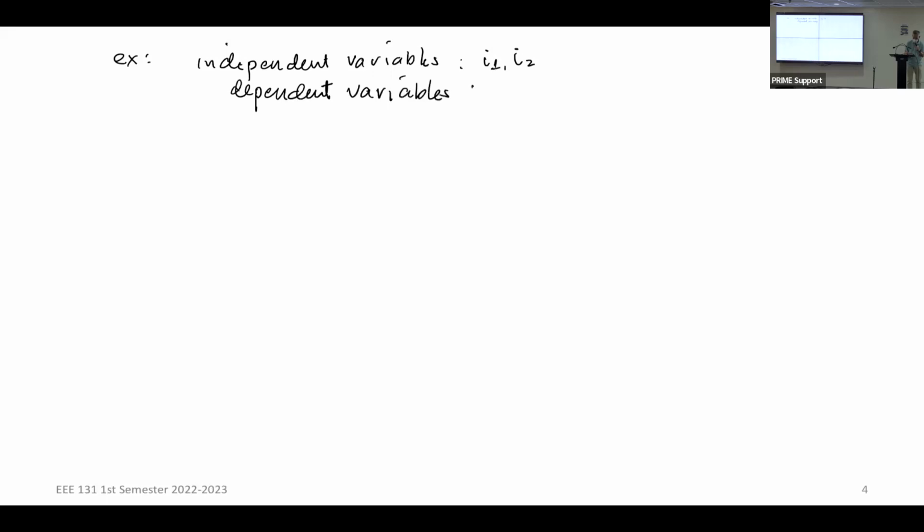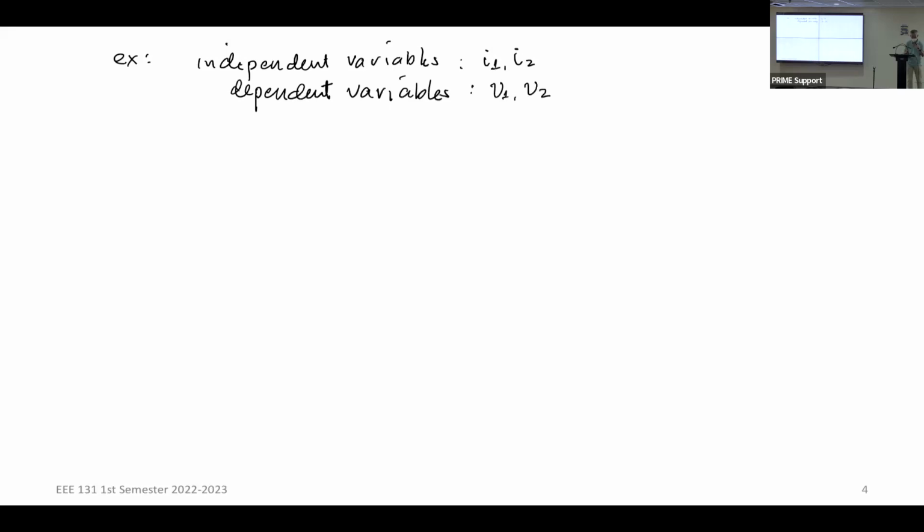So let me give an example. If my independent variables are I1 and I2, and then my dependent variables are V1 and V2.